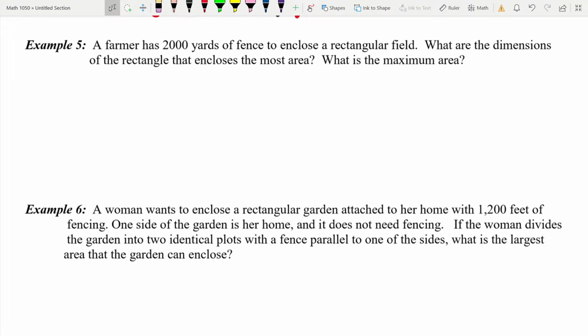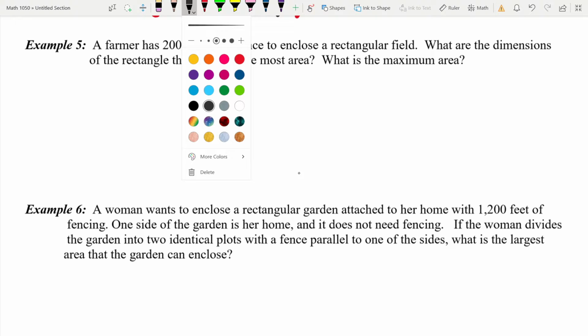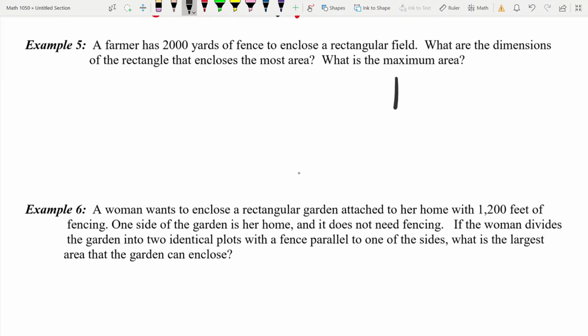Question 5. A farmer has 2,000 yards of fencing to enclose a rectangular field. What are the dimensions of the rectangle that encloses the most area, and what is the maximum area? Okay. Stick with me. Step number 1, draw the rectangle.